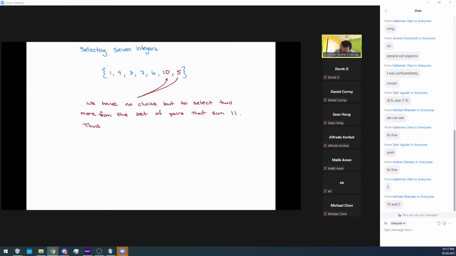Thus, by the set of pairs that we have that sum up to 11, we have already selected an integer from.